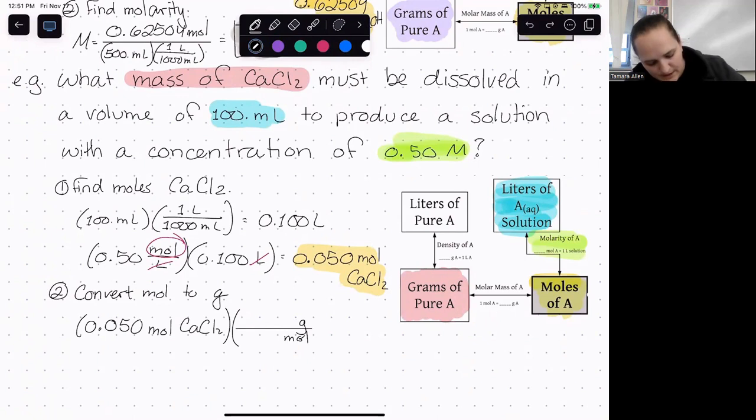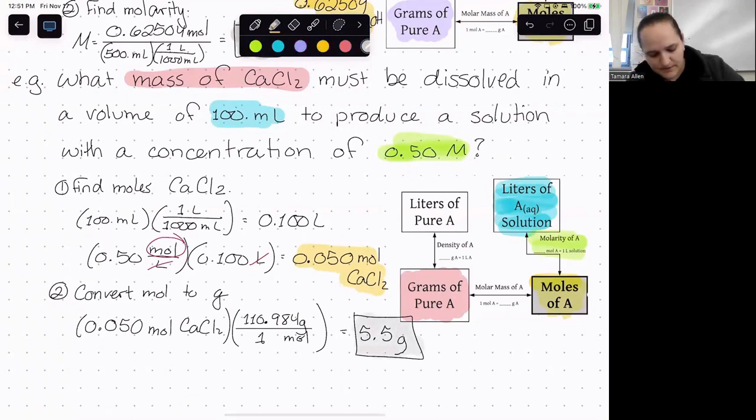So the 110.984 is going to go on the top, and that is the number of grams that is equivalent to 1 mole. So we find that that is about 5.5 grams of calcium chloride that we would have to dissolve into 100 milliliters to make a solution of 0.5 molar.